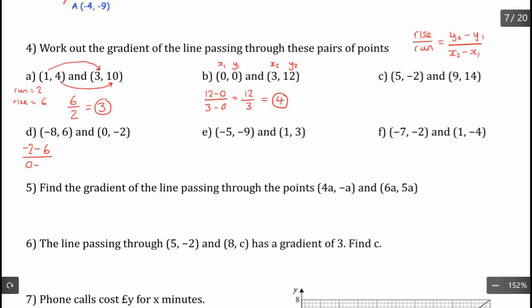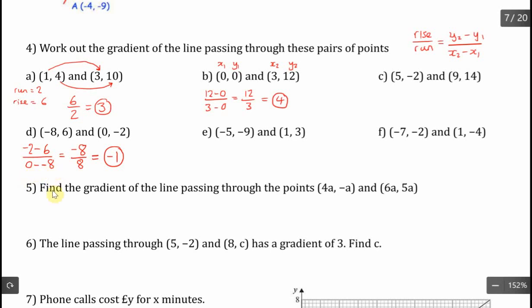So put that negative in as well next to the take away sign. Now the numerator there, -2 take away 6 would be -8. And 0 take away -8, hopefully you remember that will cause a plus, so that will be +8, and when I divide -8 by 8 I get -1. Okay, so if you just stick to doing it a certain way round and just remember your negative rules, you will be fine with this.